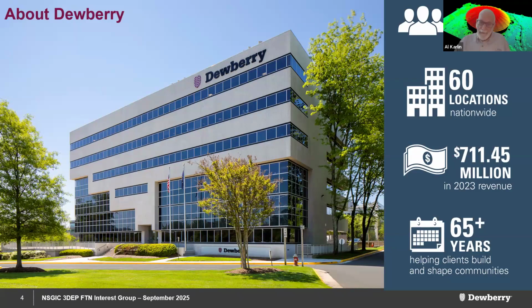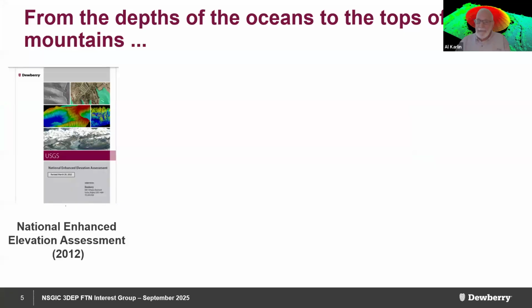Now, along with the obligatory Dewberry slide, I do have to mention that Dewberry's participation in what was to become the USGS 3DEP program started in 2012 when the USGS contracted with Dewberry to perform the National Enhanced Elevation Assessment, which formed the basis for the 3DEP program, which was to come to fruition a couple of years later.